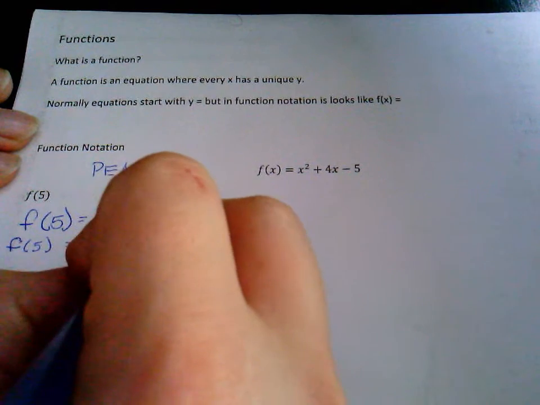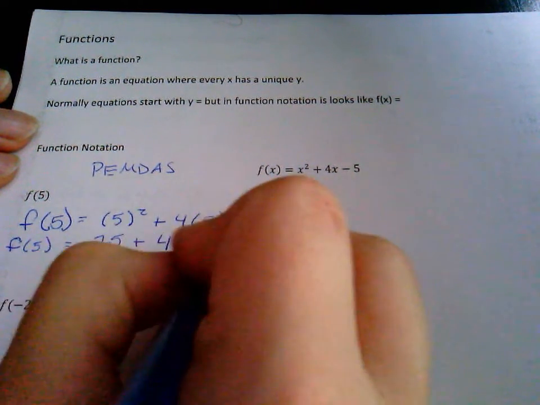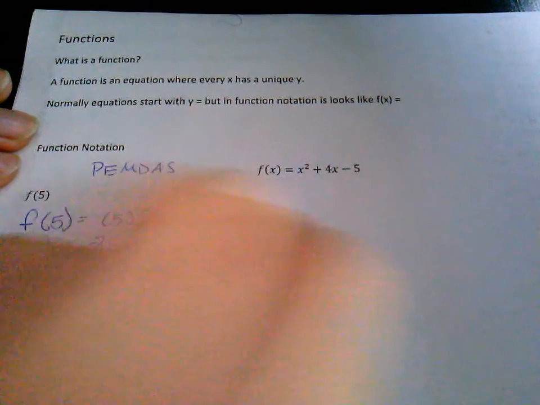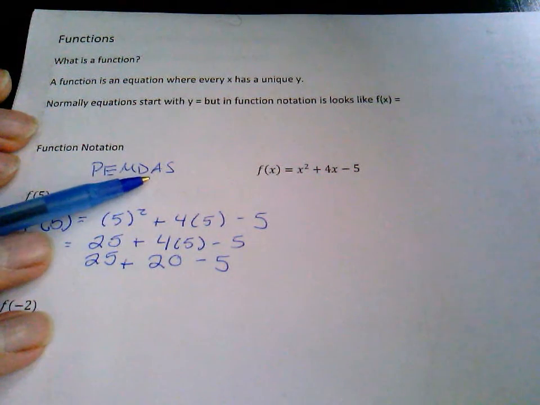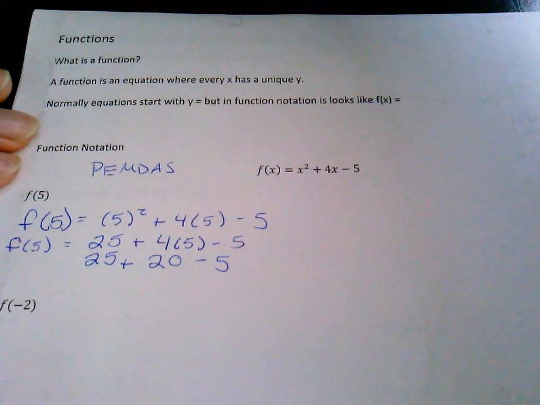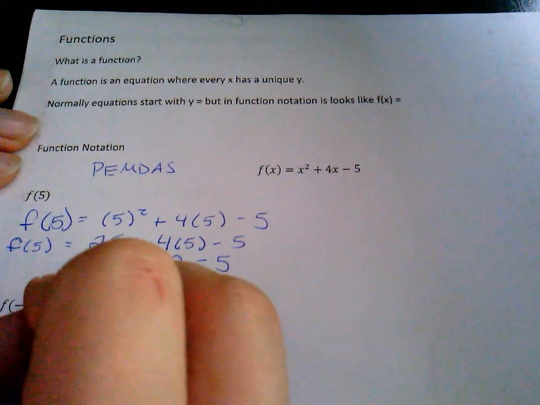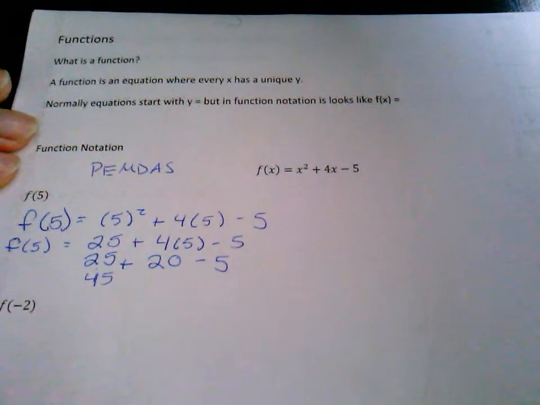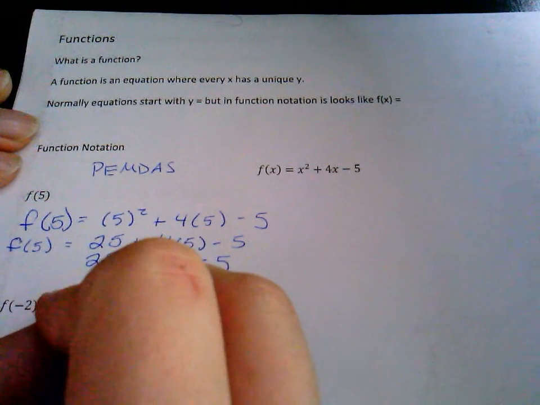So it's going to be 25 plus 20 minus 5. We don't have any division. Let's do the adding. 25 plus 20 will be 45, minus 5. And then finally subtraction, we get 40.